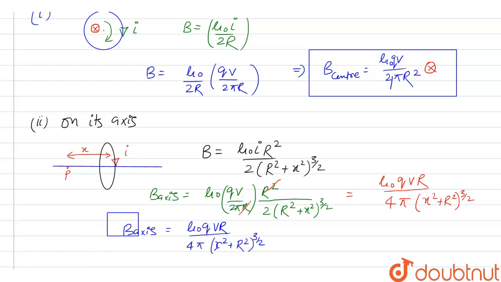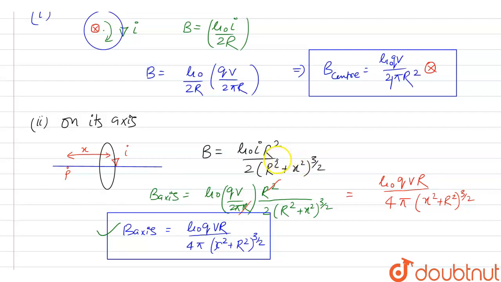We can now see for the direction. Here the magnitude is fixed if the point is fixed.